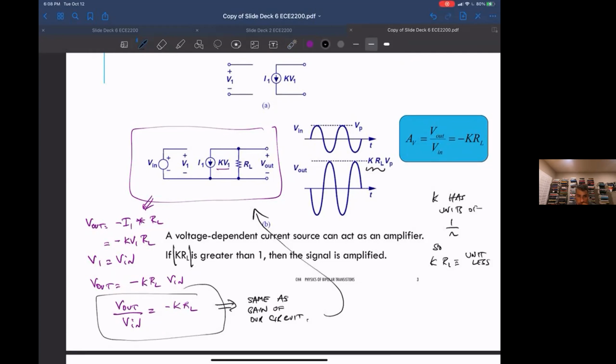Anything about that? So this is like if somebody gave me this mystery circuit, a voltage dependent current source, I can make a gain circuit out of this, a gain function out of this.